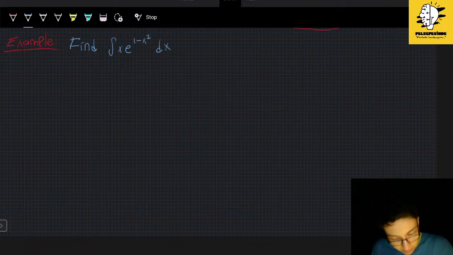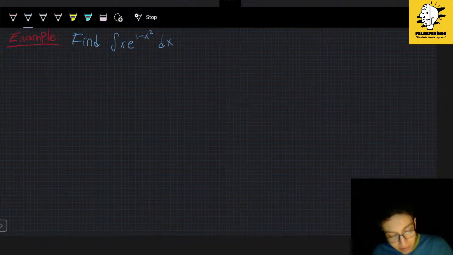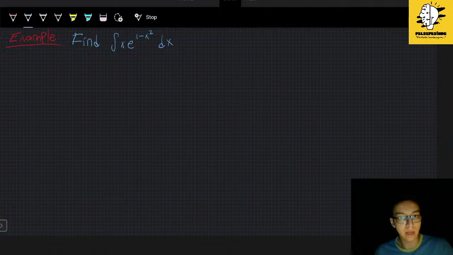I see that in the exponent of e, I have 1 minus x squared, right? Can you differentiate 1 minus x squared? It will be just minus 2x. Well, I have an x here, right?